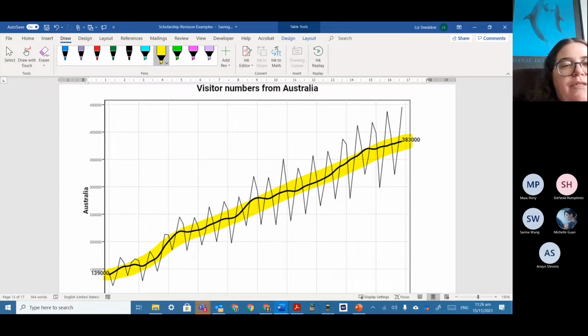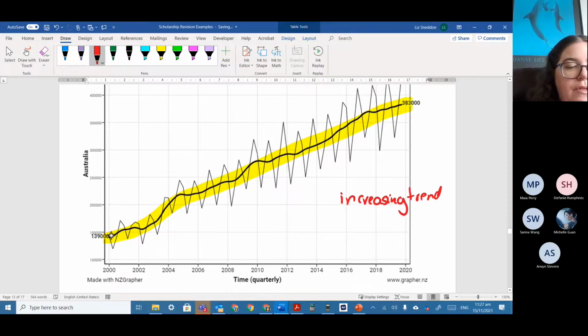Is it increasing or decreasing? Increasing. Good. I've got an increasing trend. And notice that now when I talk about that trend, I want to use those average values. I don't want to use the individual data points from the graph, okay? Because the trend is that overall pattern.